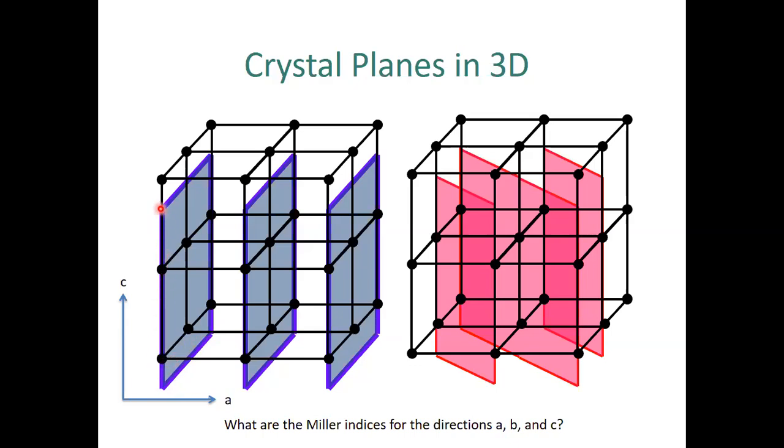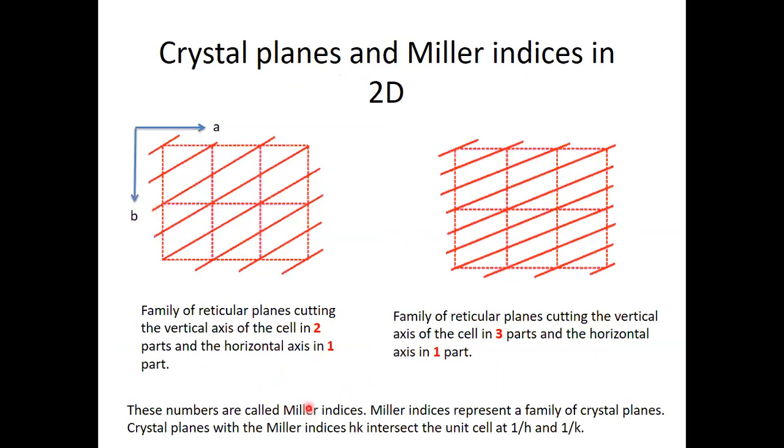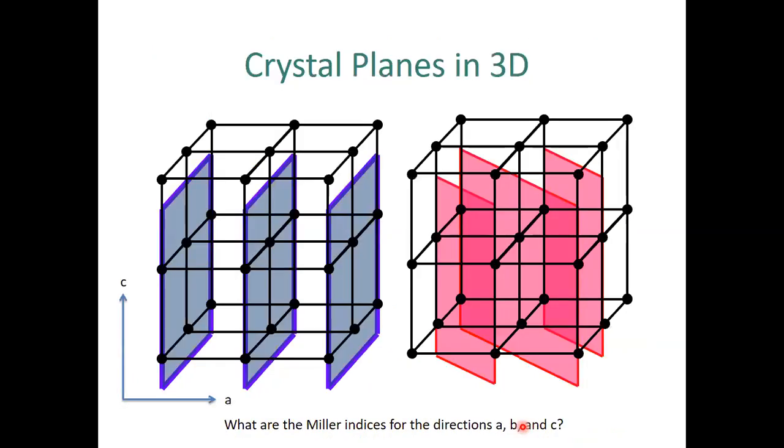Okay, so now according to the definition, the crystal planes with the Miller indices intersect the unit cell at 1 over H and 1 over K, and in 3 dimensions at 1 over L. So now you see that basically we intersect at infinite, right? Because the crystal planes lie in the BC plane.